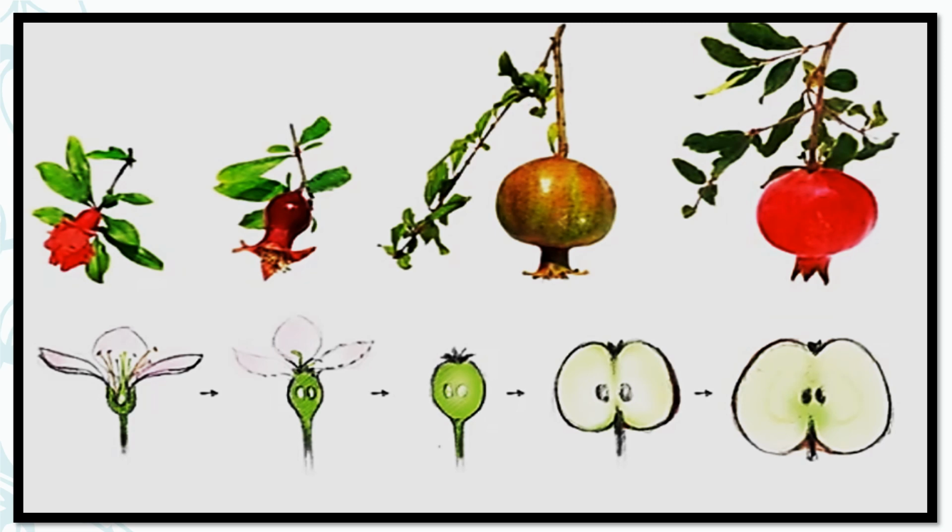Hence we can say that the flower is a part of plant that helps in reproduction. The ovary becomes the fruit and the ovules become the seeds. And from the seeds, once again we can grow a new plant.